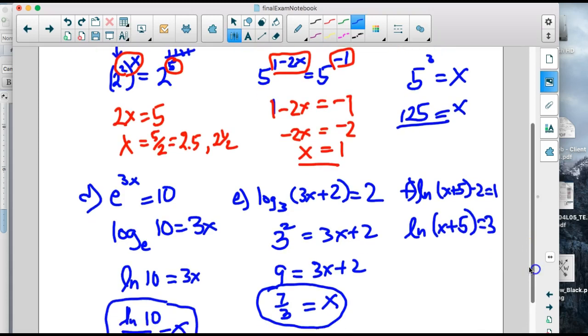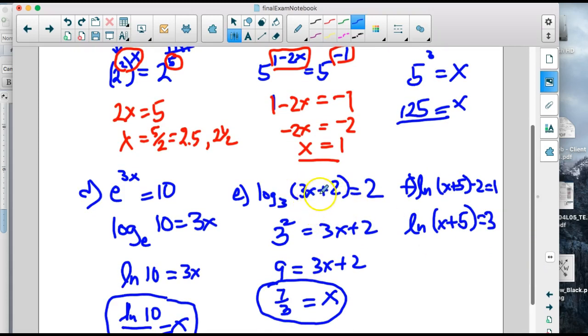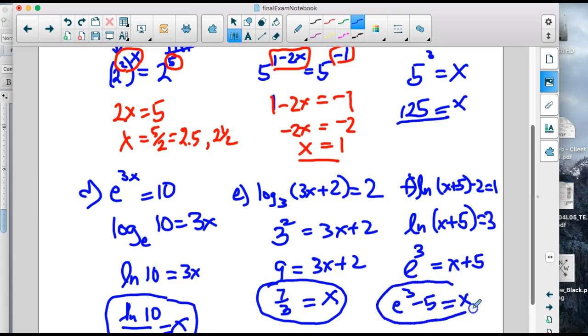Then we can convert it just like we did letter E. The base on this one is not 3. It is actually e because of the ln. So it's e to the third, there's the exponent, equals x plus 5. Your answer here is e to the third minus 5. We don't have a calculator, so we can't figure out exactly what that is.